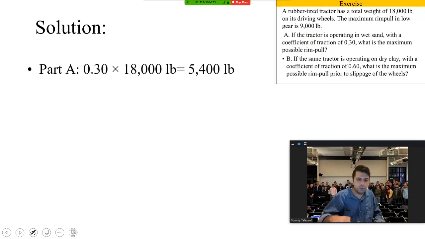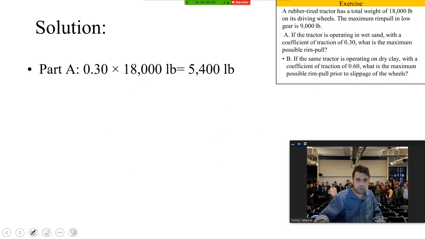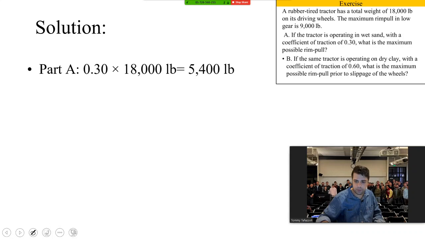In order to do that, you simply multiply. Remember, for a rubber-tired tractor with a total weight of this much, you should consider the coefficient of traction, which is 30%, and the weight of the vehicle, which is 18,000 pounds.